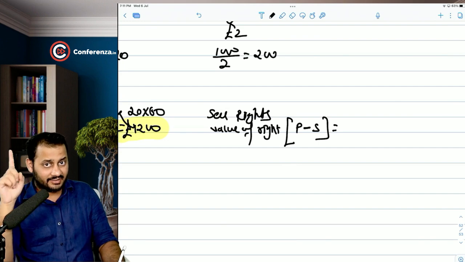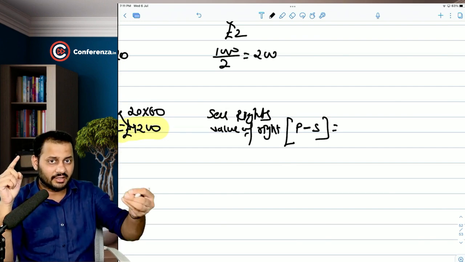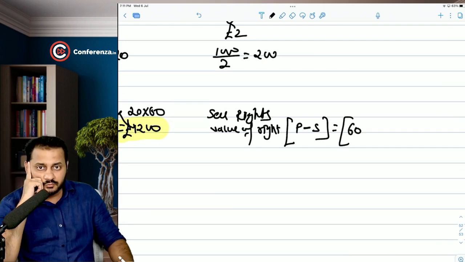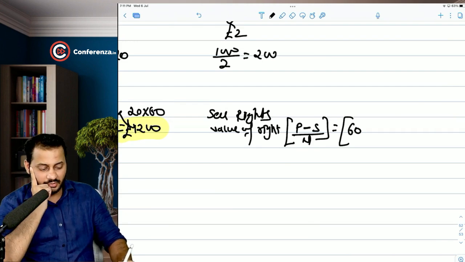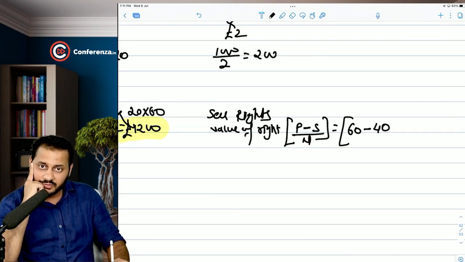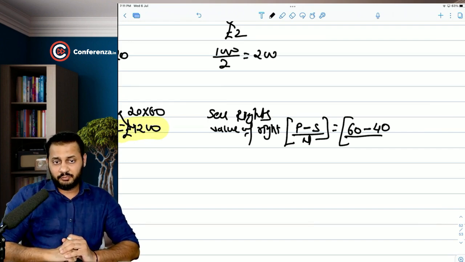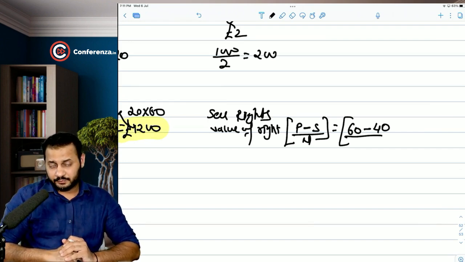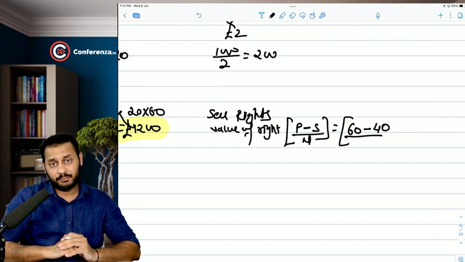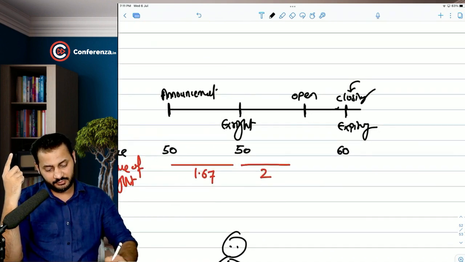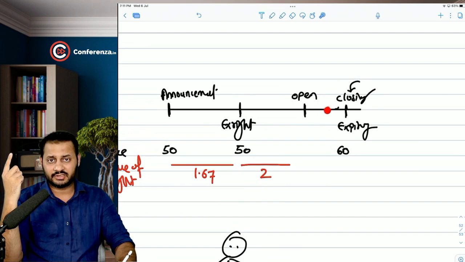You can clearly see that at that time, while selling the right, the market price of the stock was 60, and the subscription price was 40. So practically speaking, those who had the right were buying the stock at 40 pound when the market price was 60.